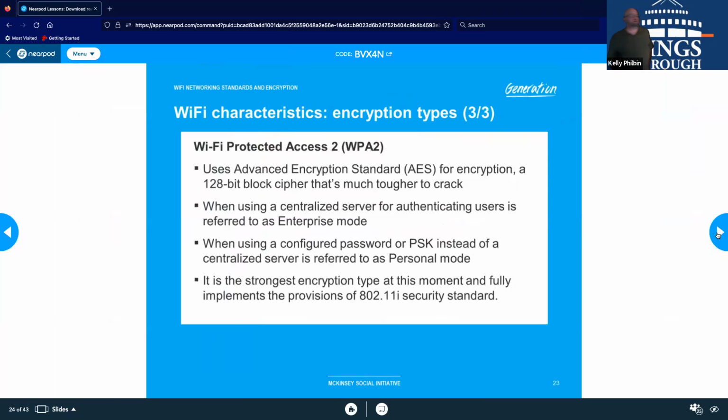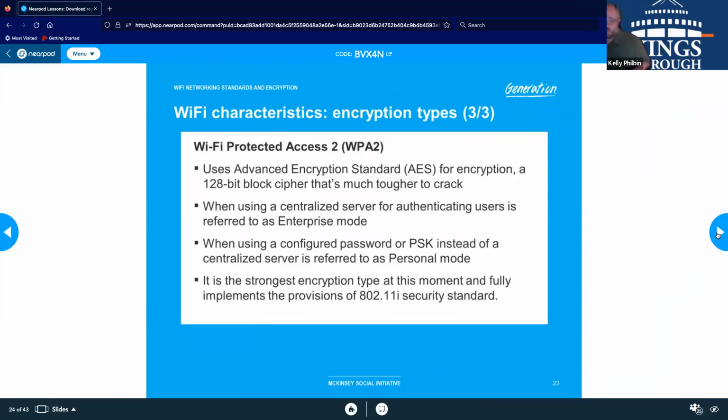Now we get to where encryption gets a little more robust, a little more effective. We get into WPA2. This utilizes what's called AES, which is the Advanced Encryption Standard.